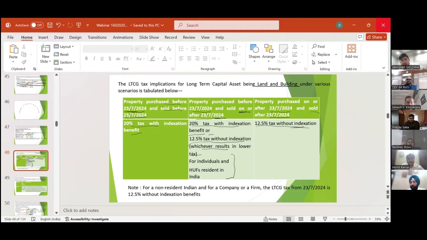And of course, for non-resident Indians or for a company or firm, long-term taxable gain is 12.5% without indexation benefit. This benefit is only for individuals and Hindu undivided families. It will be the lower of the two.